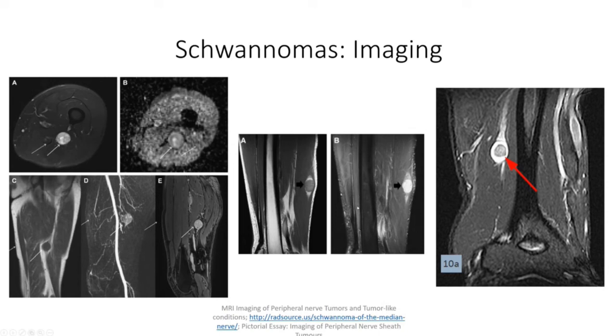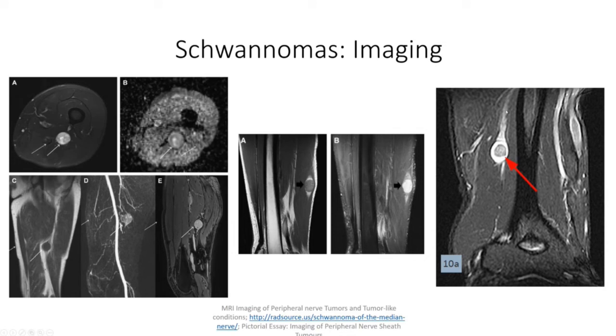The pictures in the middle here are just reiterating some of the pictures on the left-hand side. And here the split fat sign is even more apparent. So you can see fat above and below the tumor, and a well circumscribed tumor in the center, which enhances on B. And then on imaging that is fluid sensitive, like a T2 sequence, you can see this target sign, which is a darker center with a brighter halo around the lesion.